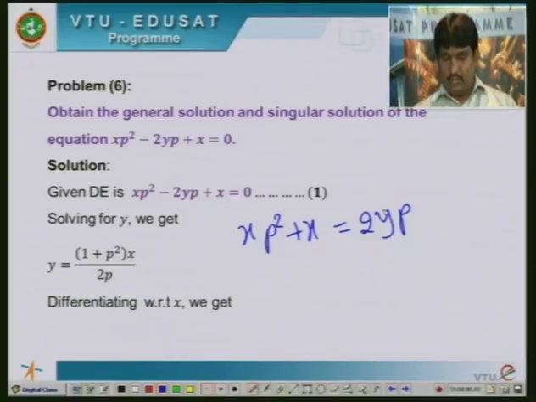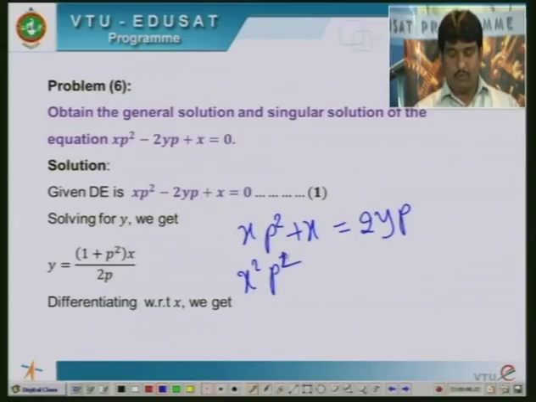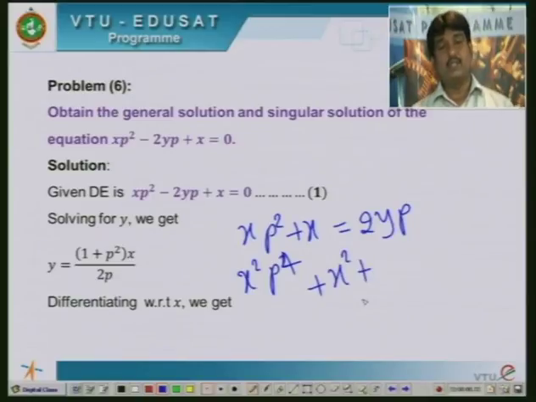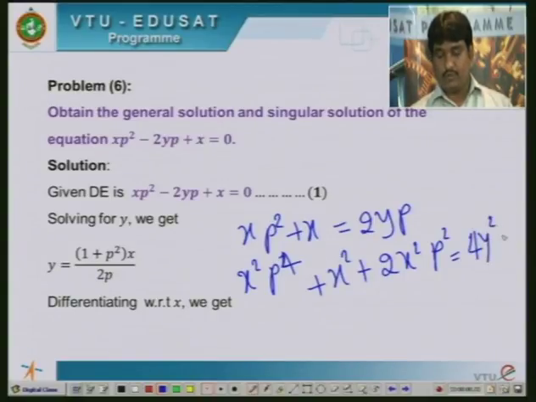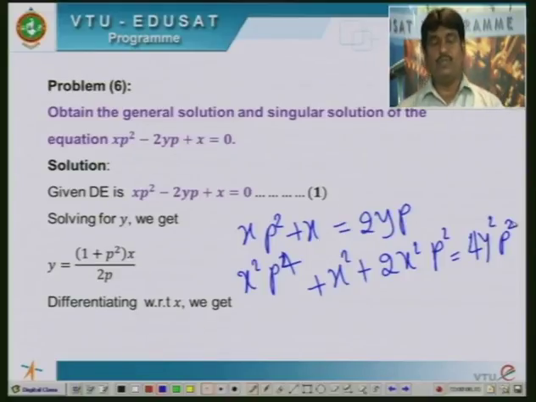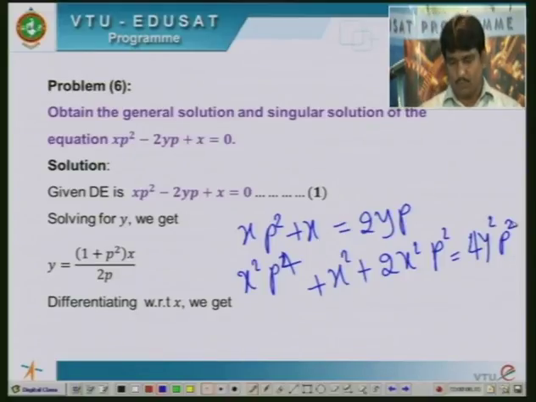If I square it, I will get x square into p to the power of 4, plus, second function x square, plus 2ab, 2 into ab, it is x square into p square, equals the square of 2yp, which is 4y square into p square, and the factor was p square minus 1. So when you equate that to 0, p square becomes 1.